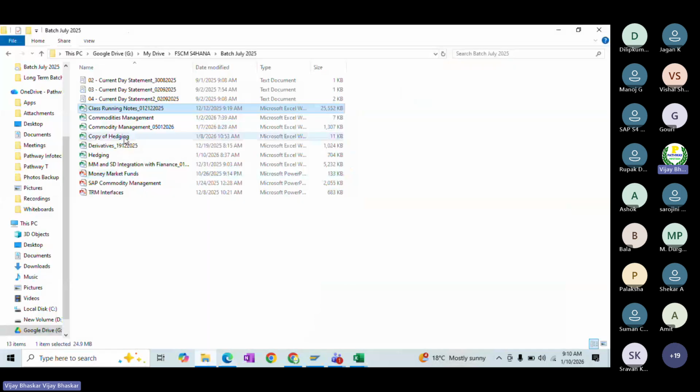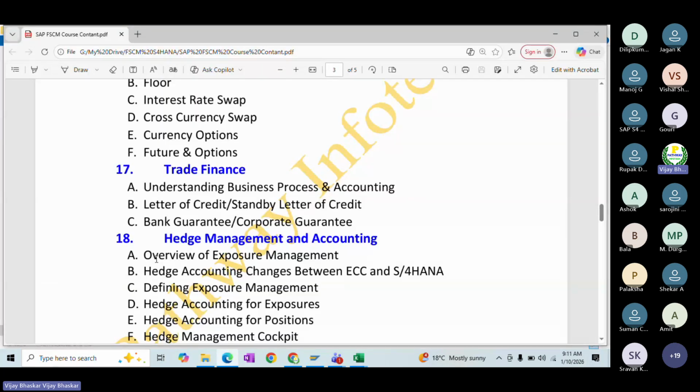Going forward also, I want to keep a separate sheet for each topic, because it was difficult for me to open and the system was unable to open it sometimes.